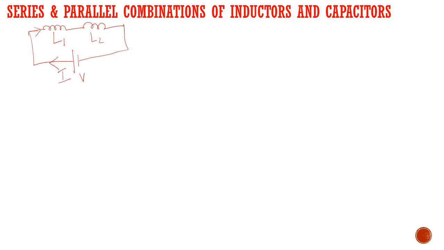We already know now the inductors L1 and L2 are both connected in series. So when inductors are connected in series like this, then the total inductance LT can be written as the sum of all the individual inductance values. So L1 plus L2. This formula is very much similar to the resistor. And if this circuit is simplified, then the equivalent circuit is having a single inductor like this.